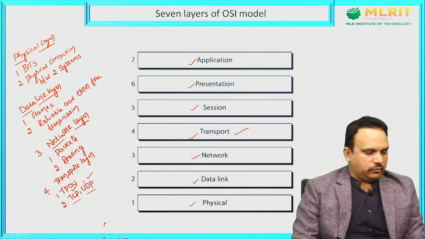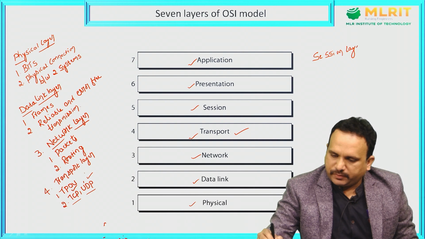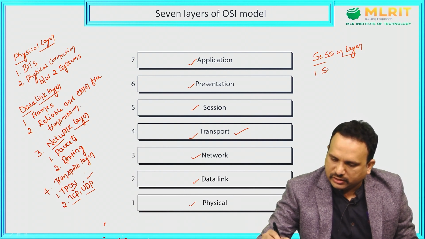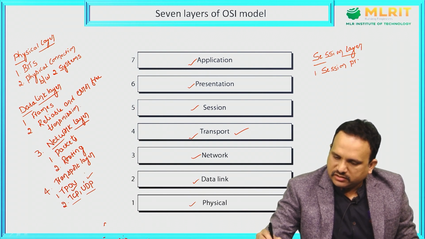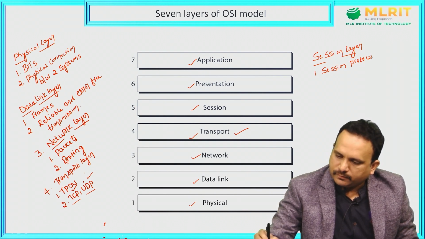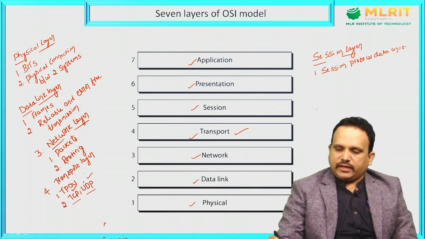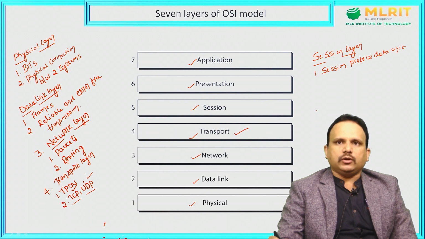So coming to the session layer, here the data will be transmitted in the form of a session protocol data unit. The main aim of the session layer is to establish sessions to facilitate the communication between the sender and receiver.